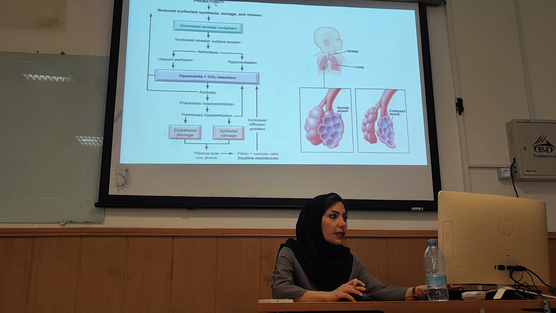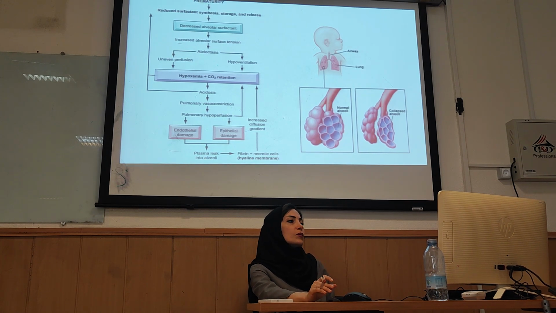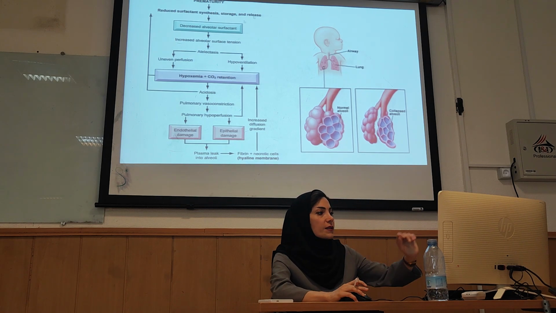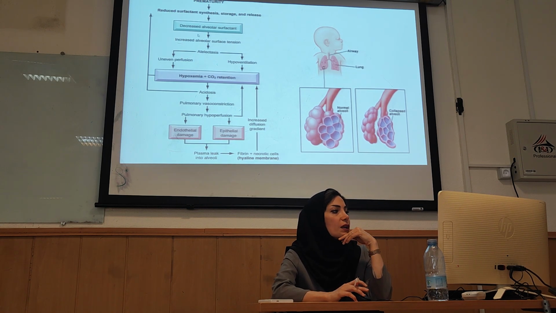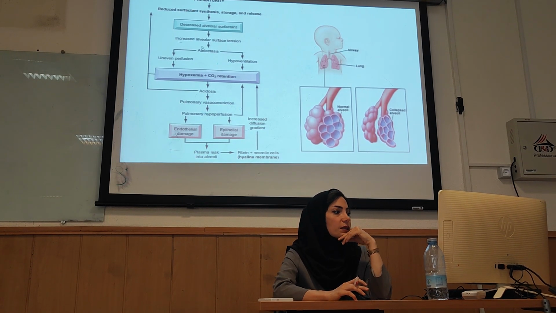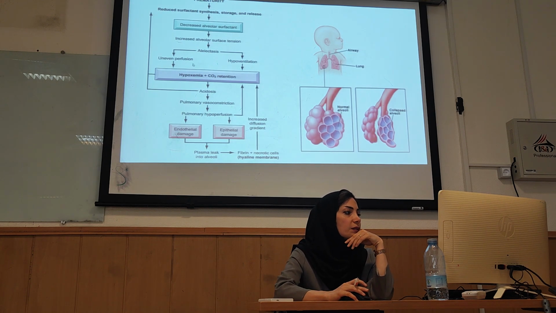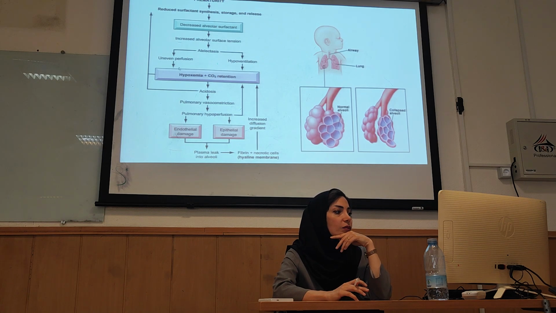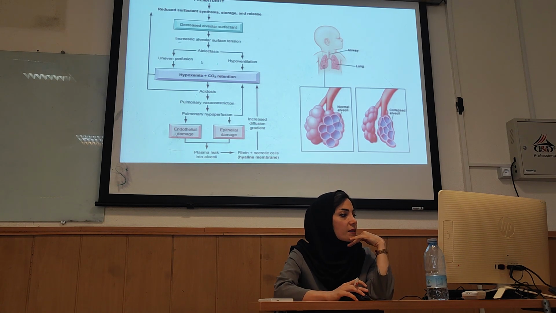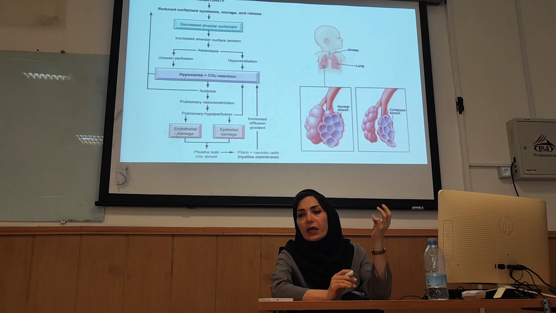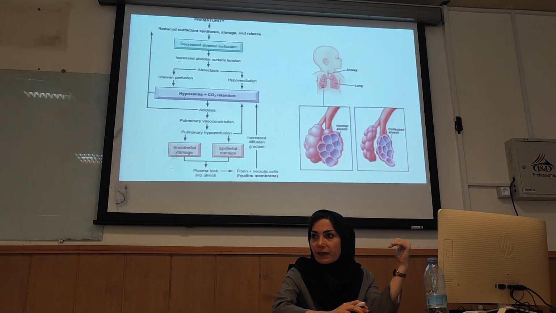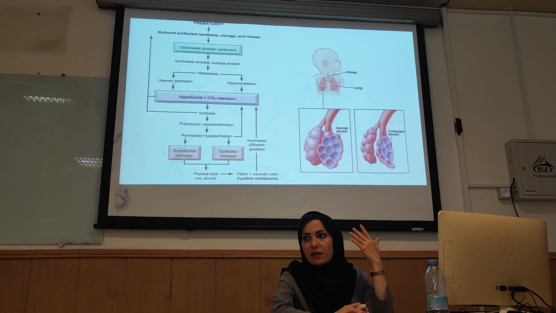So if in a premature infant the synthesis of surfactant is reduced, surfactant in the alveoli decreases, and after that increased alveolar surface tension occurs, and atelectasis happens in many alveoli, and uneven perfusion and hypoventilation are evident. So hypoxemia and CO2 retention can then lead to acidosis.